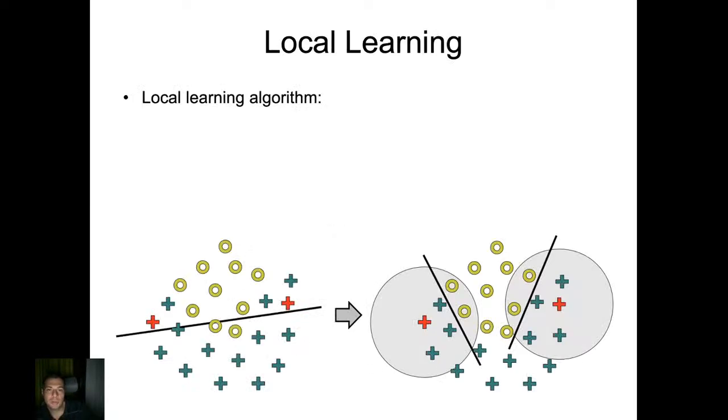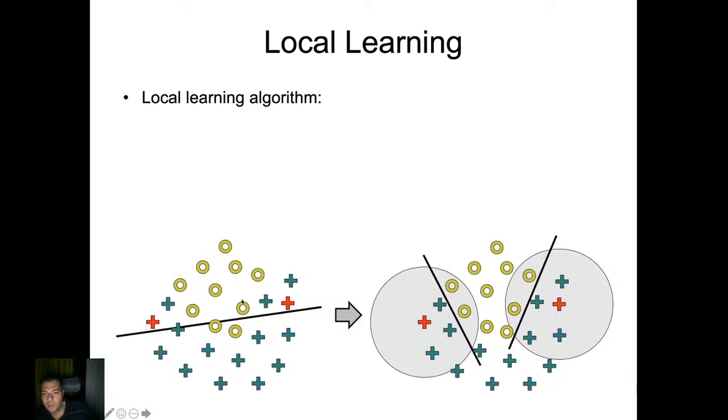Now, in order to improve accuracy, one idea is to employ local learning. So in local learning, the main idea is that you have some data points. Actually, I think this figure refers to a global learning algorithm. So assume you have a linear classifier that tries to separate pluses from circles.